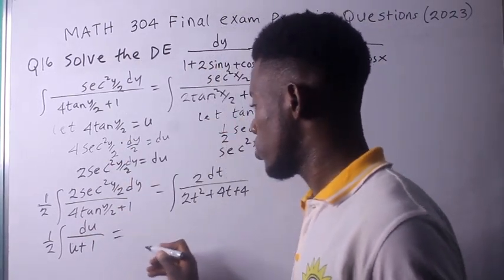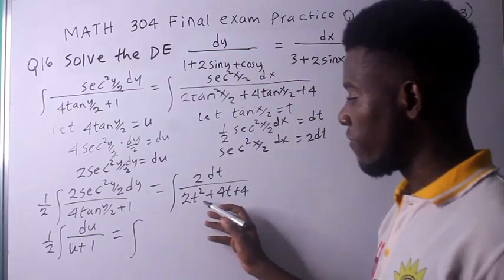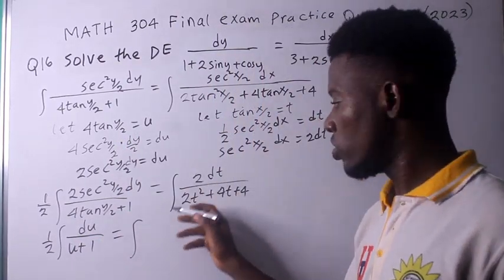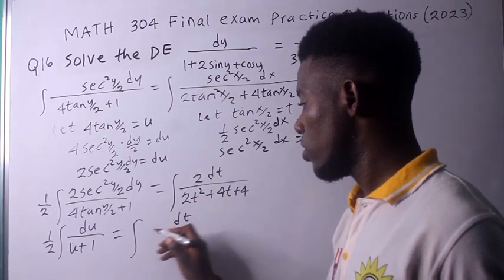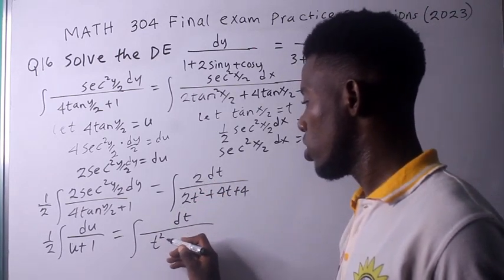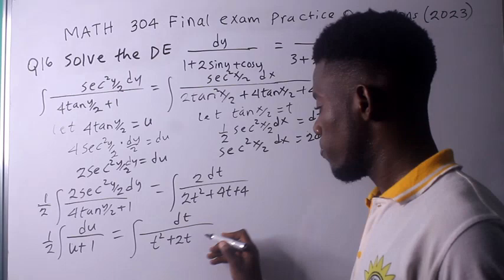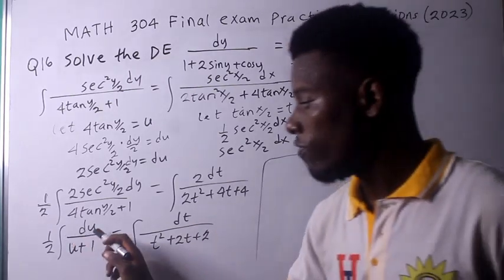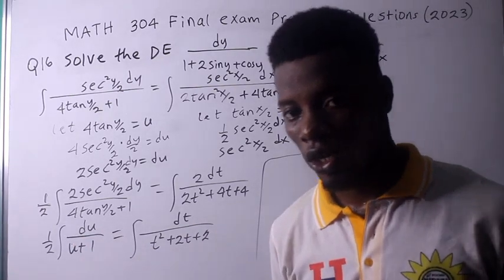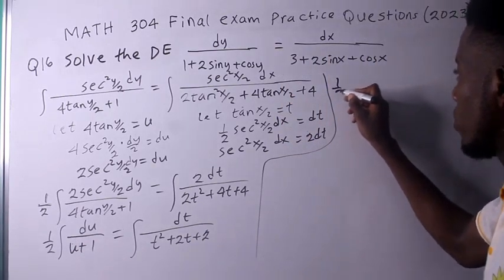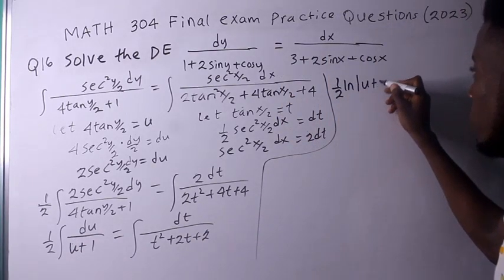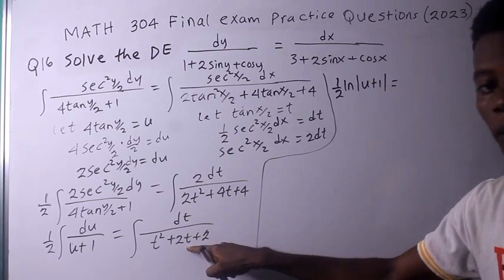And then this equals the integral of, if I factor out a 2 from here, this 2 and this 2 will cancel out. So I'll have dt all divided by t square plus 2t plus 2. The integral of du over u plus 1 is just the ln of u plus 1. So this is half the ln of u plus 1 equals, I'm going to complete the square on here.